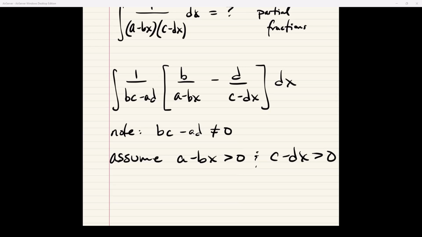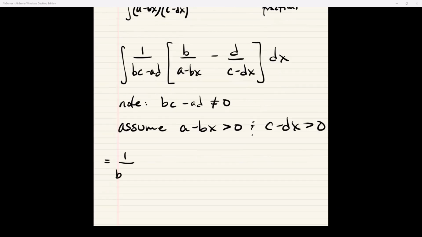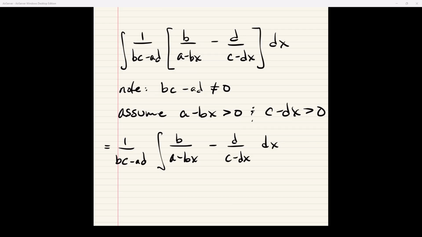Okay, so now the next task is to integrate this expression. Well, obviously we have a constant bc minus ad that we can factor out. So let's just write b over a minus bx. In fact, yeah, let's say it's minus, and then d over c minus dx, integrated with respect to x. So here we have 1 over bc minus ad.